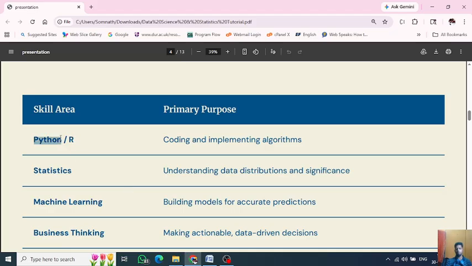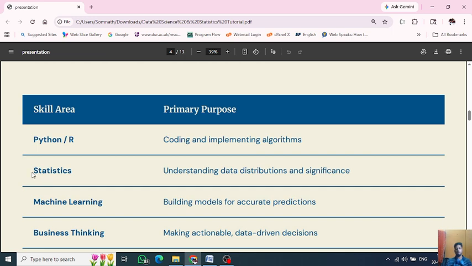But I prefer Python because it's the most popular and very easy to learn. Basic Python knowledge is enough. You don't need very advanced knowledge. Don't worry, in my course, when I show you examples, I will try to explain the code so that you can understand.